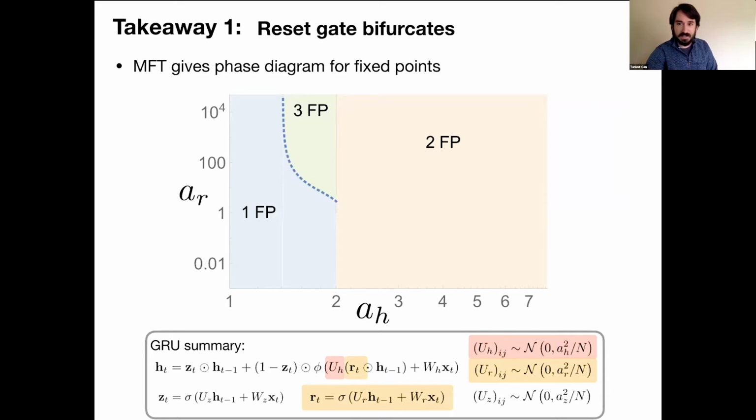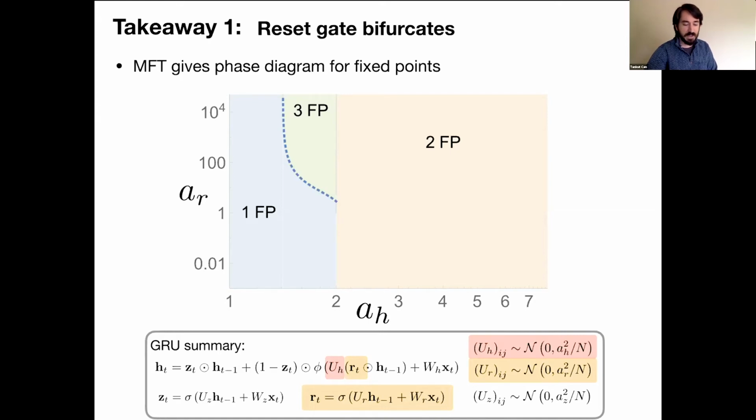We can see this if we look at the fixed point solutions in the mean field equations as a function of two hyperparameters, AR and AH. To remind yourself what those are, there's a little box summary at the bottom of the slide. For a sufficiently large AH, there's always just two fixed points.